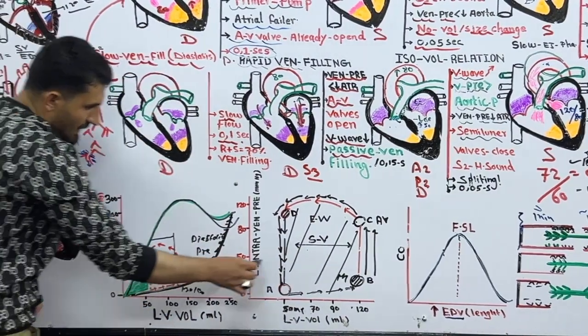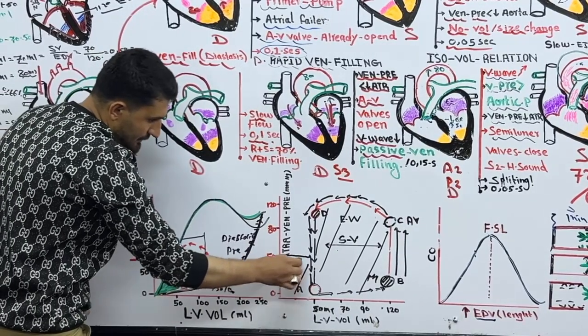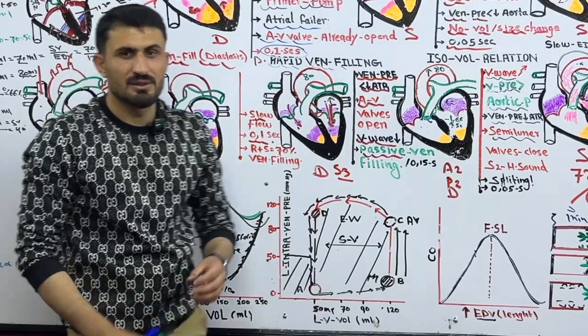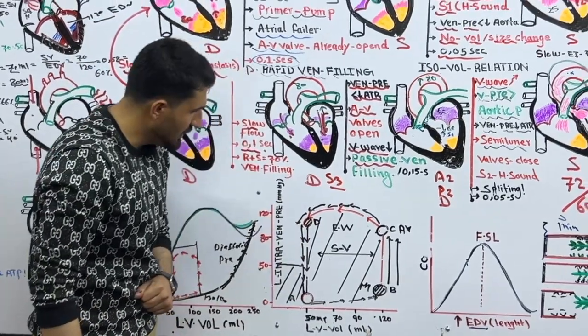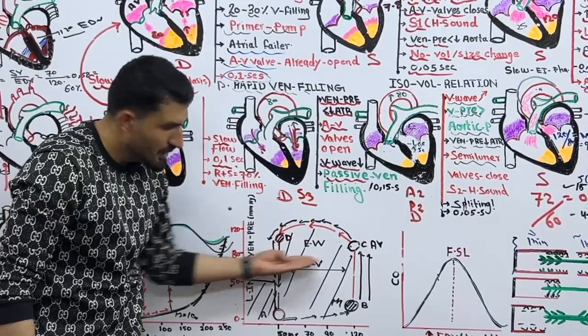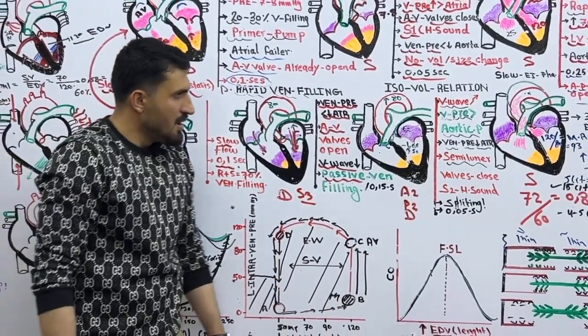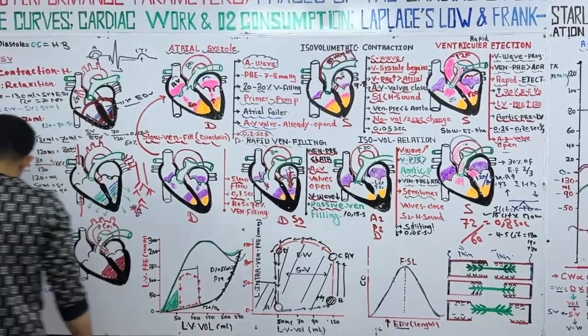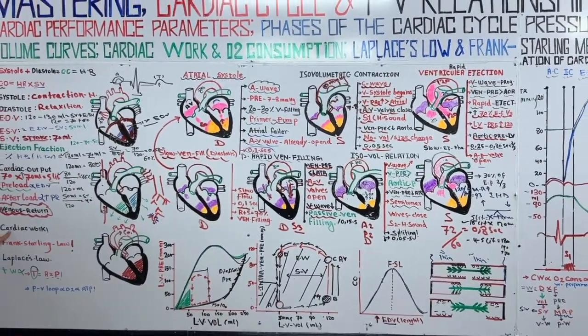And this area is potential work, which does not use a lot of energy. Got it? And this blood which is ejected by the heart is called stroke volume. Also, yes, we did a lot about the Frank-Starling law and about cardiac work.